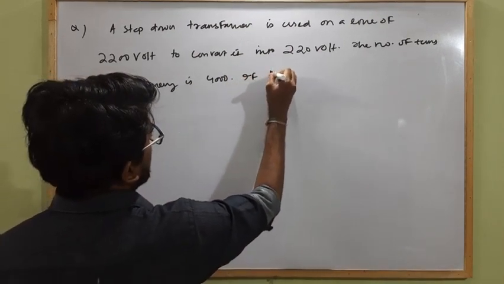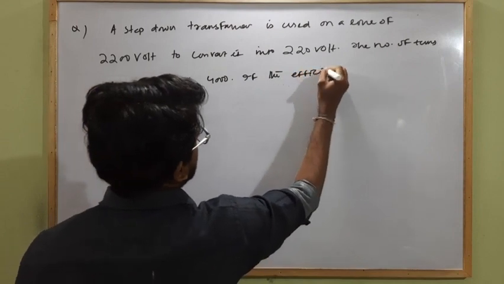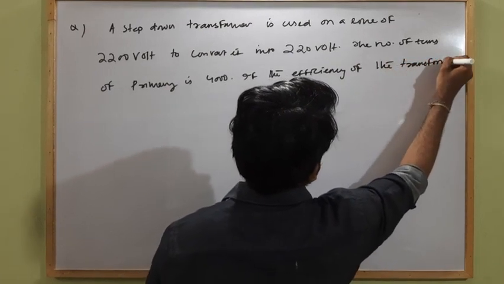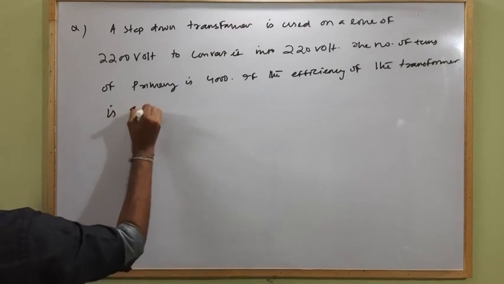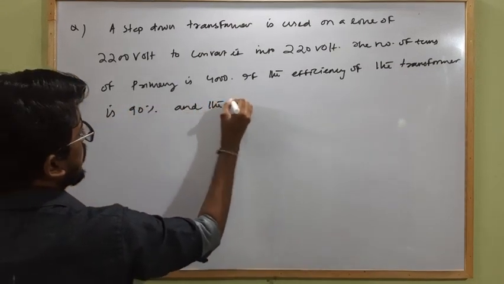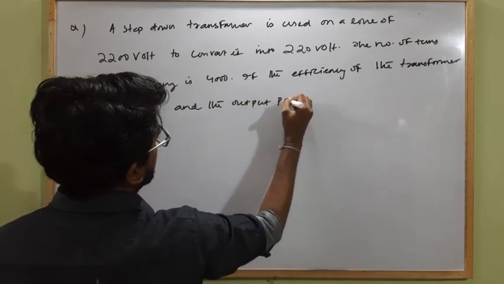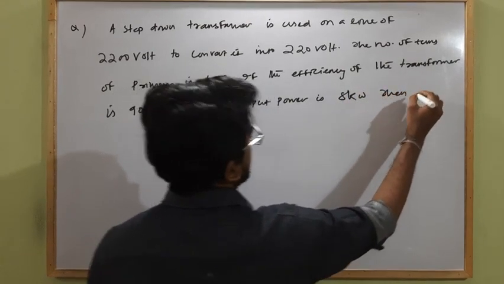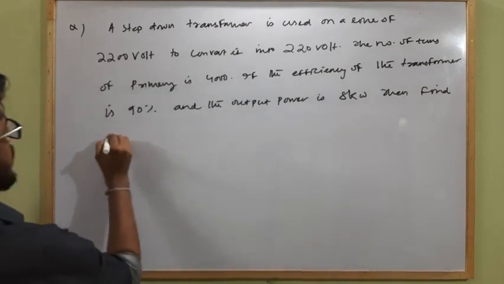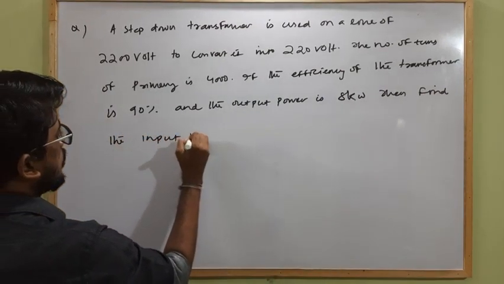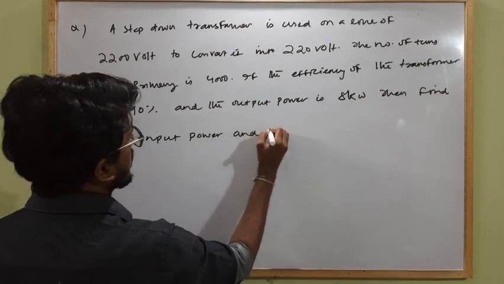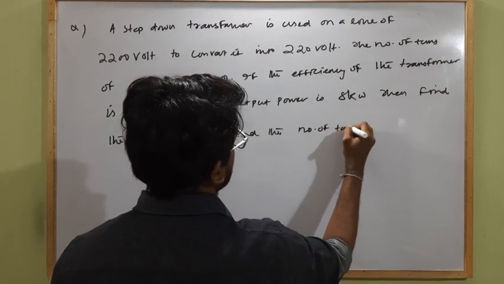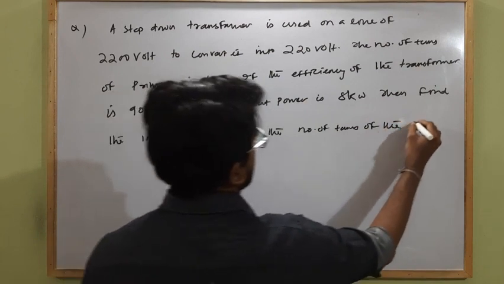If the efficiency of the transformer is 90% and the output power is 8 kilowatt, then find the input power and the number of turns of the secondary.